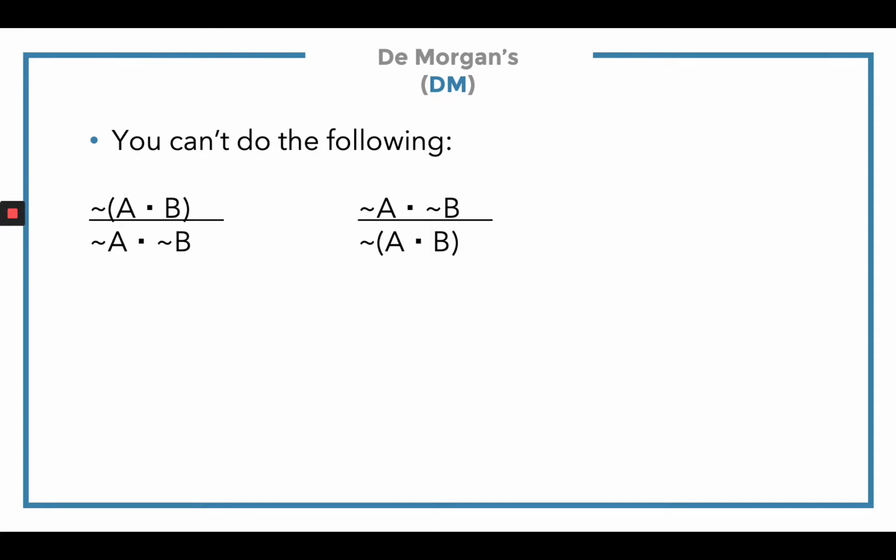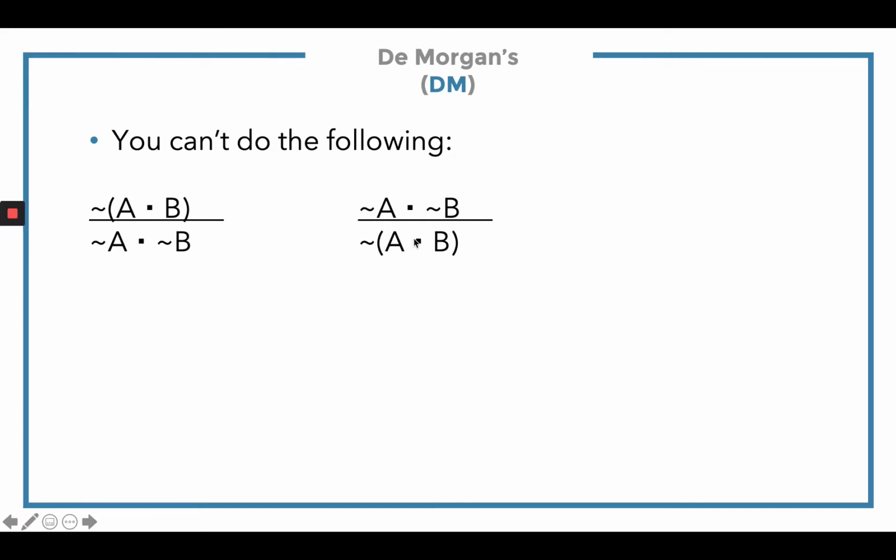Note that you can't do either one of the following things. So we need this operator to change. If it's tilde A and B, it needs to be tilde A or tilde B. Same here. If we have not A and not B, we can't just pull the tilde out in front, put parentheses around it.